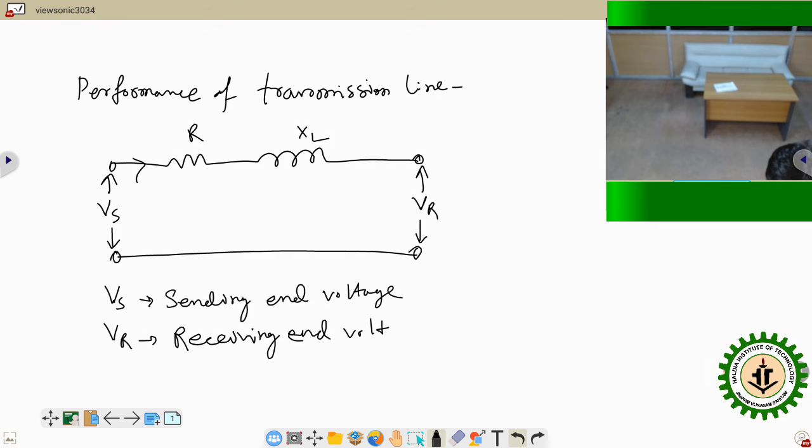Whatever current goes through here is called sending end current. At the receiving end, it is called receiving end current. But in a series circuit, we know the current flow through each and every component is the same. That means here we can say Is equal to IR equal to I. Same.